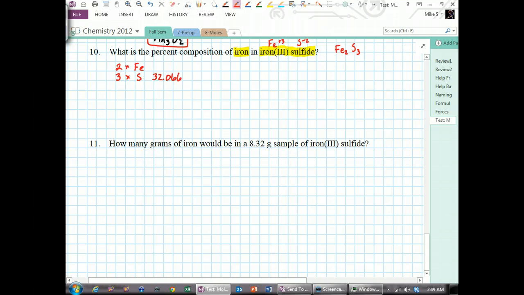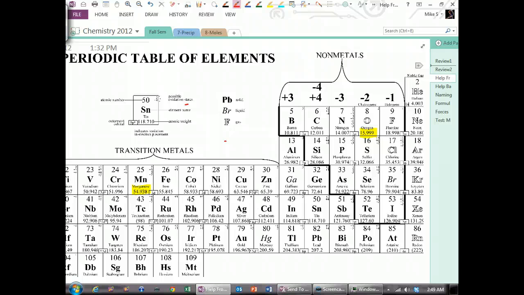and the molecular weight of the iron is 55.845 on your periodic table.